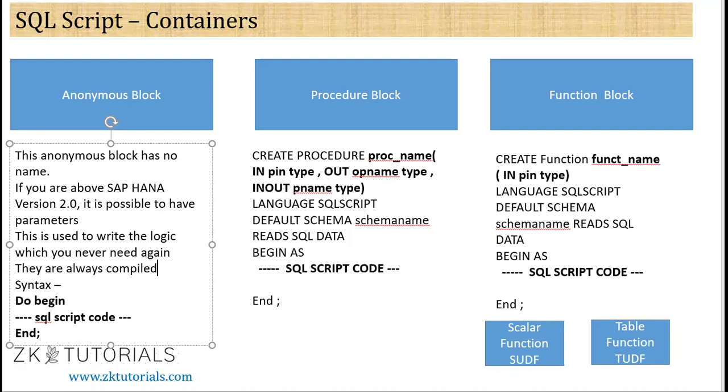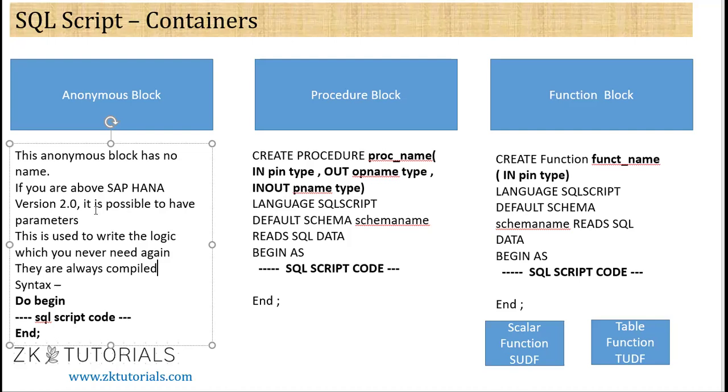Next time when you want to run it, the database won't waste time in compilation. It won't check any syntax or anything, it simply runs it, because it gets stored after the syntax check. Next time you simply run it, restore it and reuse it.